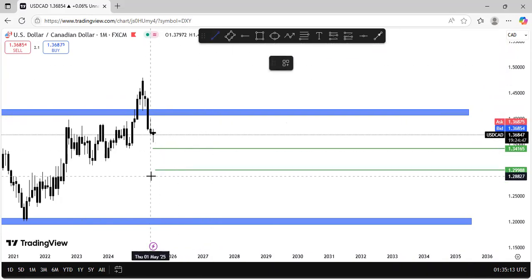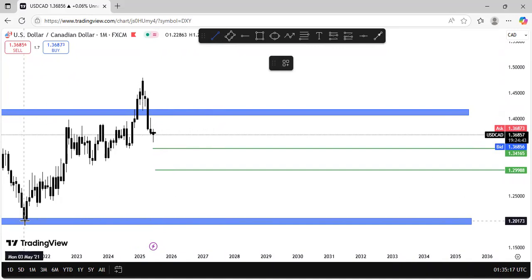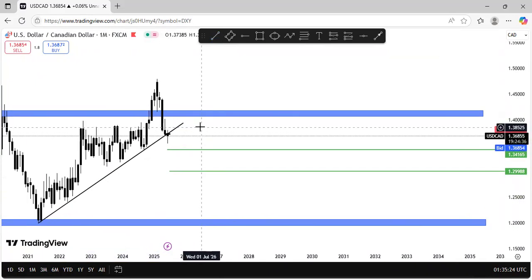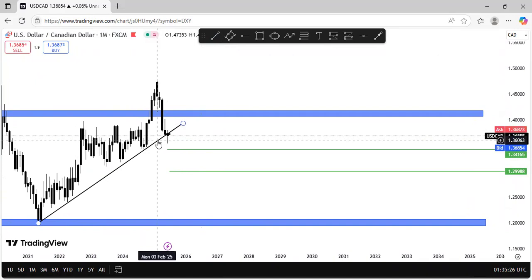And also, we've got a trend line from this place. Boom. So with this trend, I'm like, okay, it looks like a change of trend.